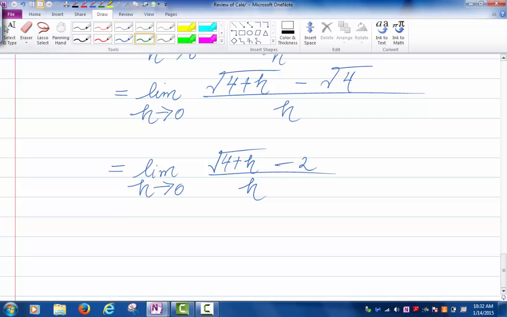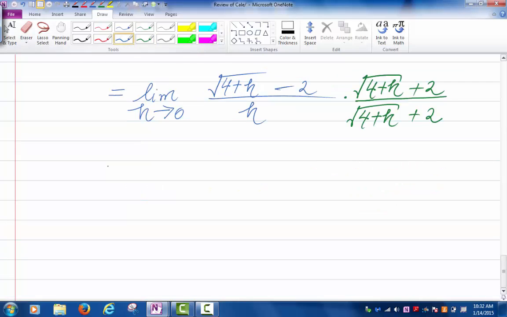And what should I do once again to find the limit? Once again, to find the limit, I should be multiplying and dividing by the conjugate. So this is root of 4 plus h plus 2, over root of 4 plus h plus 2.